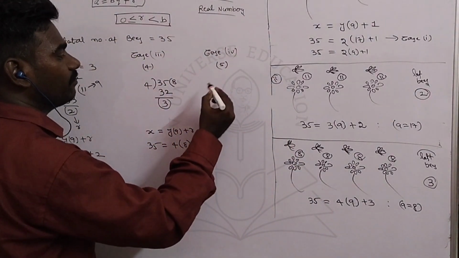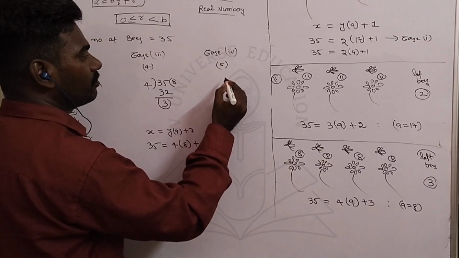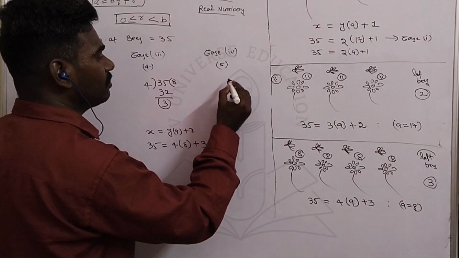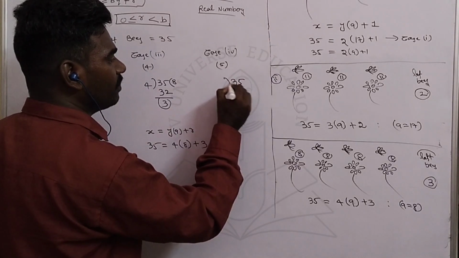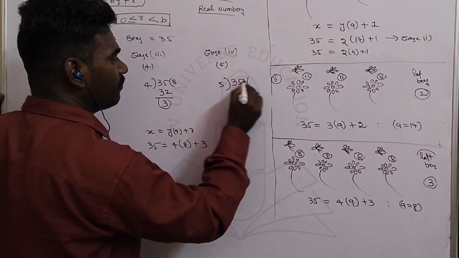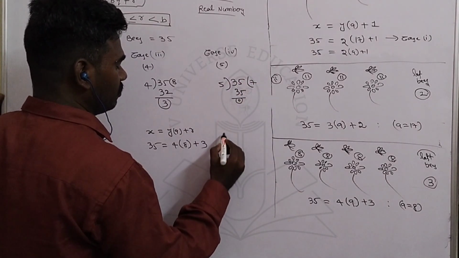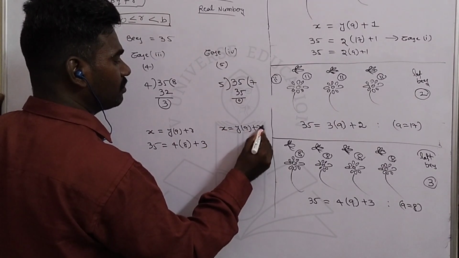And coming to case 4, here these 35 bees are going to settle on 5 flowers with equally divided groups. So 35 is going to be divided by 5. 5 sevens are 35, so the remainder is 0. So we can write x is equal to ya plus r.